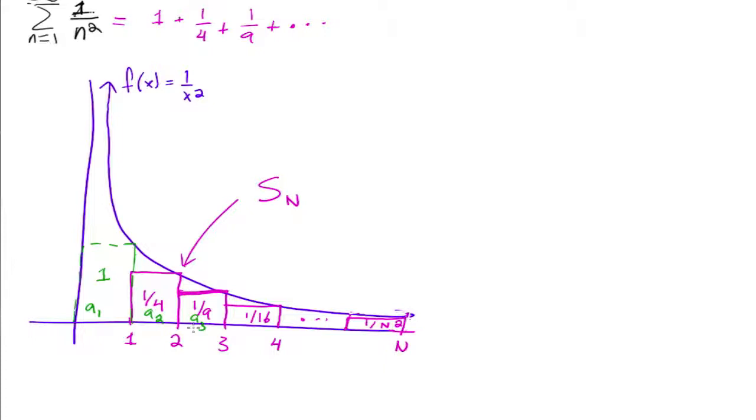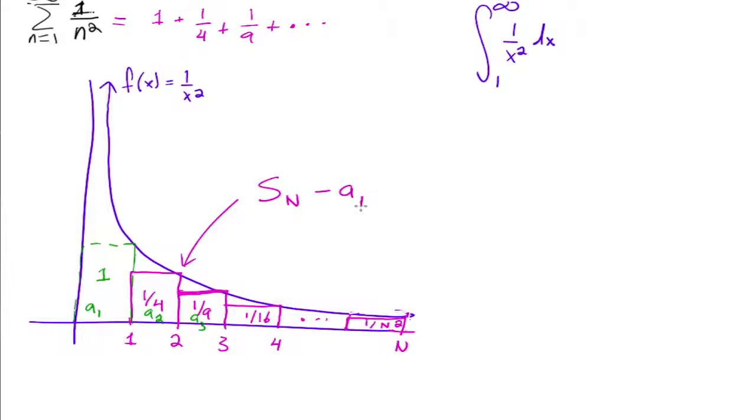Yeah, the improper integral that I'm going to use is the integral of 1 over x squared dx, but I'm going to start it from 1 to infinity, and I can't start it over here at 0 because there's a vertical asymptote right there. But that's not a huge deal, it's just something you take note of. So here my pink rectangles are really s sub n minus a sub 1.